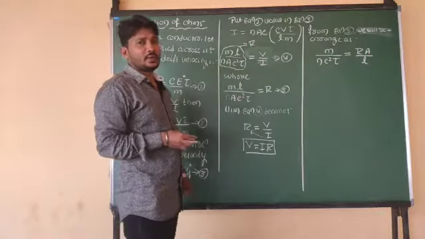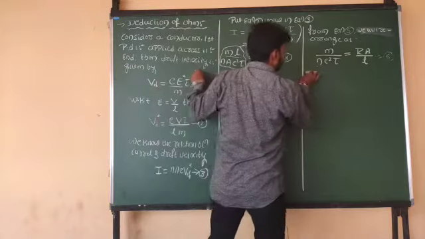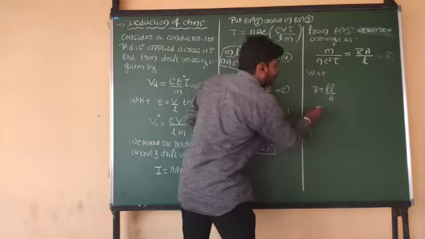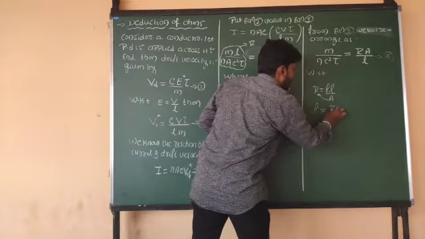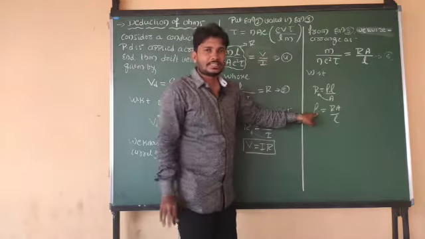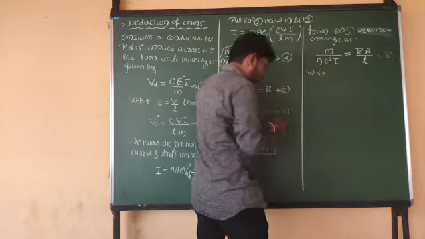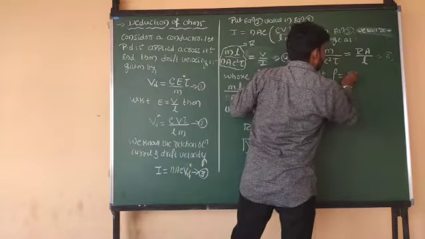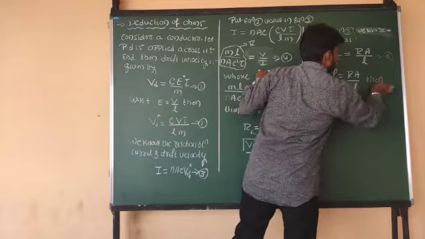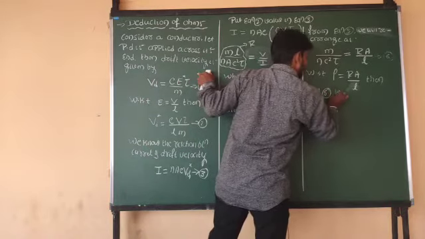Let me take this as equation 6. We know that resistance R is equal to ρL by A, where ρ is equal to RA by L. Instead of RA by L, I take ρ, and that gives the expression for resistivity. So ρ is equal to RA by L. Then equation 6 becomes m divided by ne square τ is equal to ρ, the resistivity.